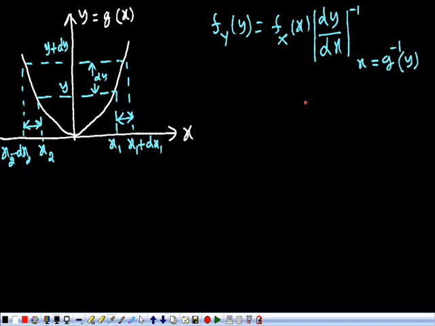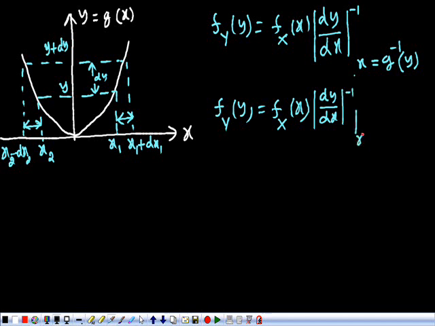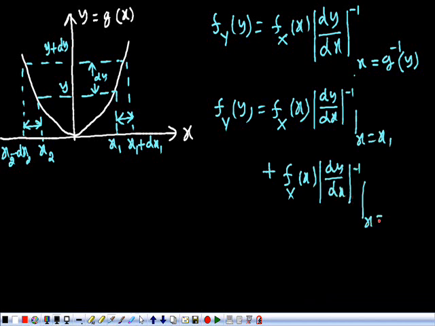Then what you have to do? You have to evaluate it at x1, because corresponding to x1 there is y1, corresponding to x2 there is a y2. Then you write fy of y is equivalent to fx of x into modulus of dy dx inverse at x equivalent to x1 plus fx of x into dy dx inverse at x equivalent to x2.